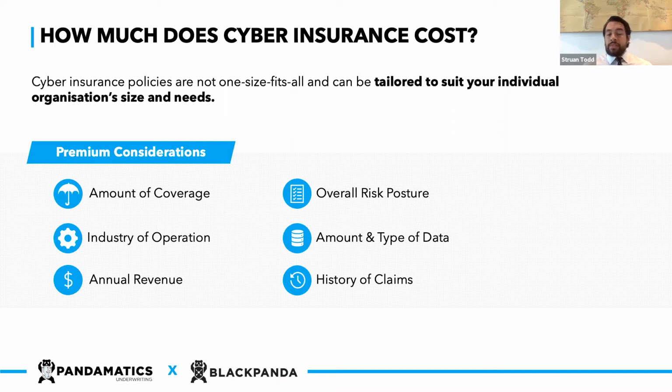Annual revenue comes into play, given the costs associated with deeming whether you're a big target or a little target. Overall risk posture and relative cybersecurity techniques that you have in place, the amount and type of data that you hold as a business, whether that's your employees or clients, and your history of claims and cyber breaches. All of those factors come together for us to determine what an accurate price is in order to take on the risk of insuring a business.